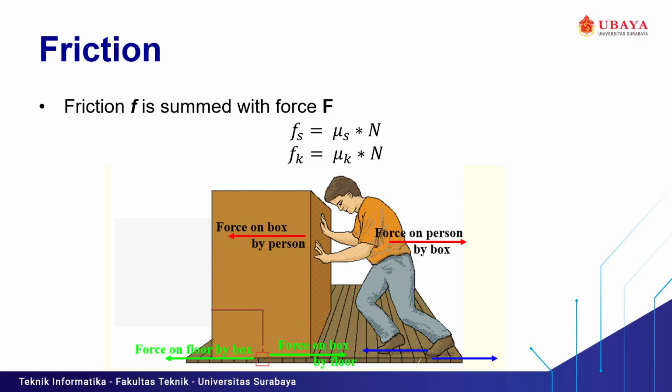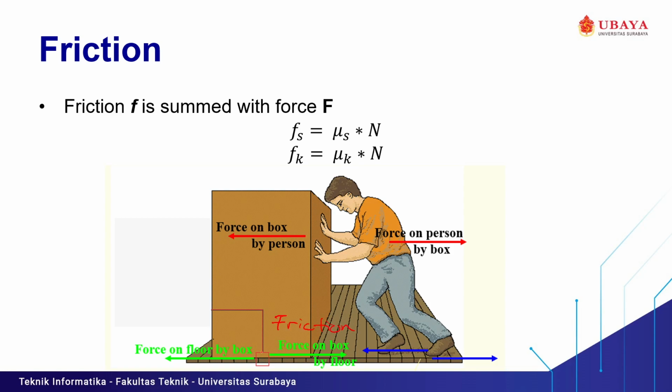And if you take a look at the surface of this wooden floor, because the box moves to the left by the force, the box will have some force on the floor caused by the box. It's also to the left. Again, by the third law, the floor will give some force in the opposite direction. This is the force on box by floor, and this is what we call a friction.